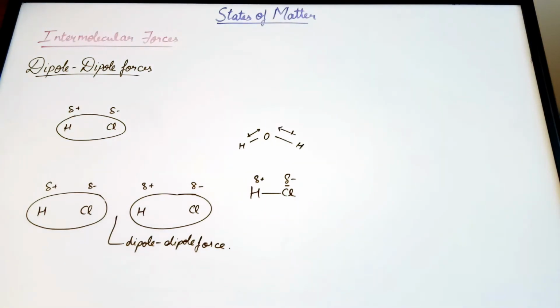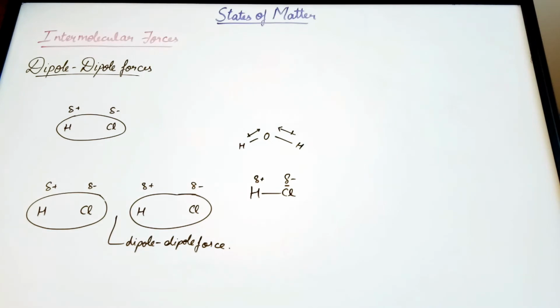Also, this particular type of force was studied by Keesom in 1912, and he called it the orientation effect. Now, according to this, the interaction energy is inversely proportional to the distance. In the previous one as well, we learned that the interaction energy for the dispersion or London force was inversely proportional to r to the power 6, right?